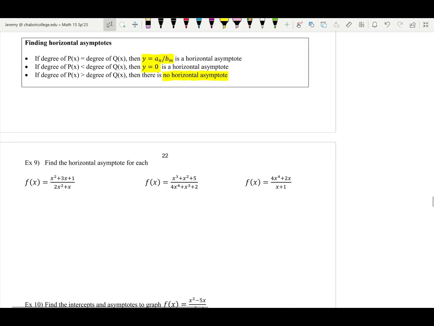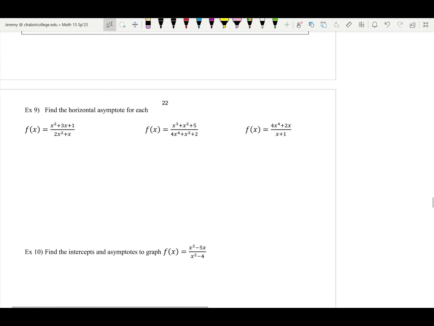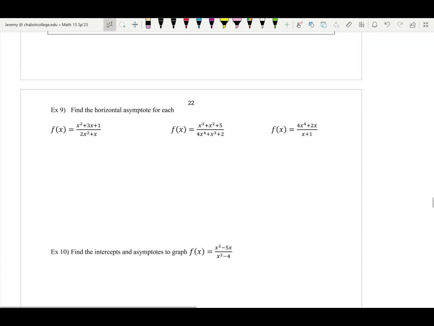So looking at example 9, let's find the horizontal asymptotes for each of these. For this first one, again, the important thing is degree of p versus degree of q. In this case, they're both quadratics. Numerator and denominator are both quadratic, so that means that they're both degree 2. So I'll just make a note that the degree of p, the numerator, is equal to the degree of q.